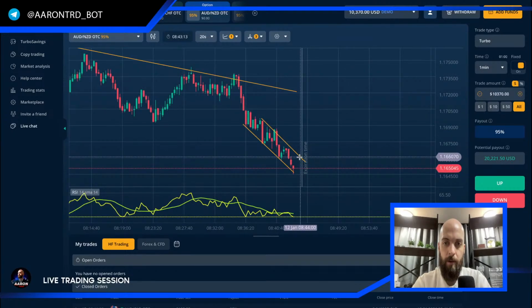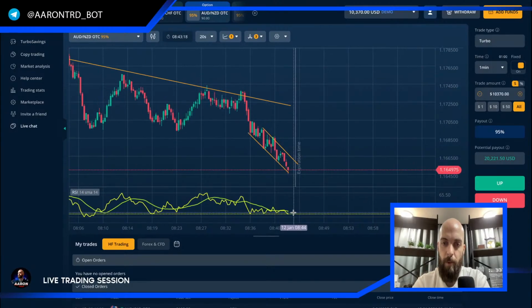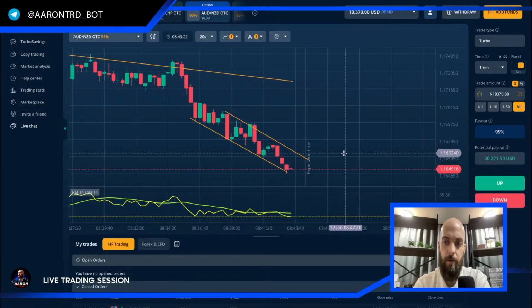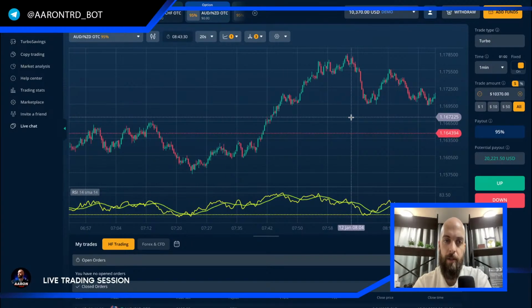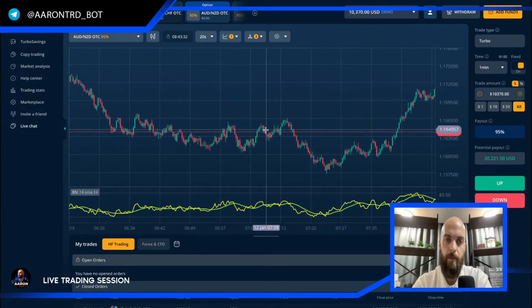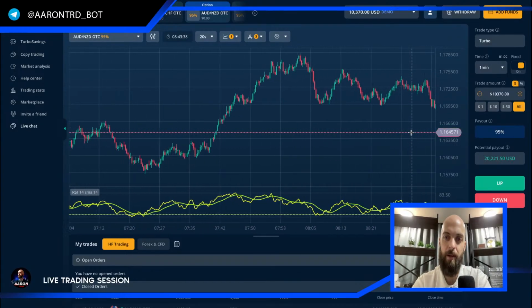So if we can get a tap on this channel, and momentum shows us that we're heading back down, I can jump in. But if we check back, let's see. This area was a pretty good support. Then it got broken through, but went right back up.